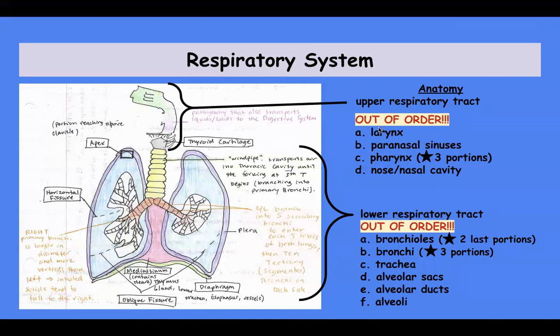You can put in the chat or feel free to unmute yourself and share your thought process. You can simply put the letters, for example, if you think C or D comes first, you can list that first and so on. Let's do the upper respiratory tract first. So what is the correct order?